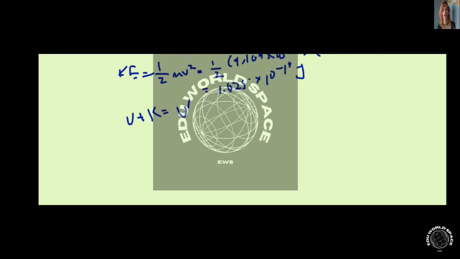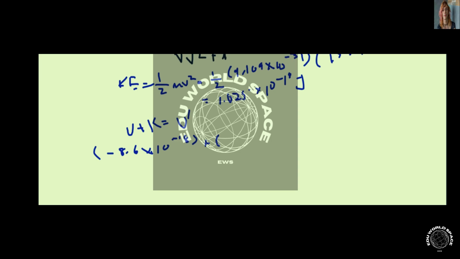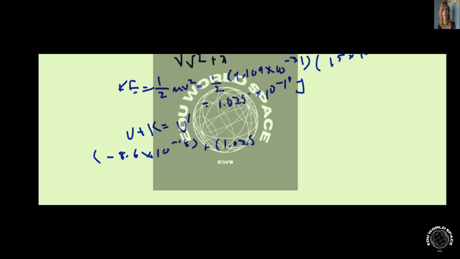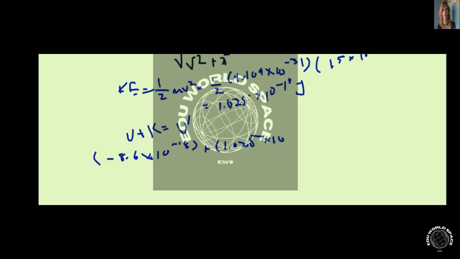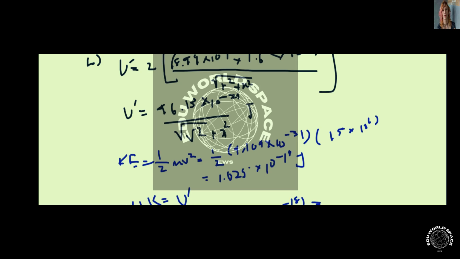So if you plug in all the values that we got from both part A and part B so far, we're going to get negative 8.6 times 10 to the negative 18 joules, that's the initial potential, plus the initial kinetic energy, which is 1.025 times 10 to the negative 18 that we just calculated, is equal to this. So let me just bring this down here.